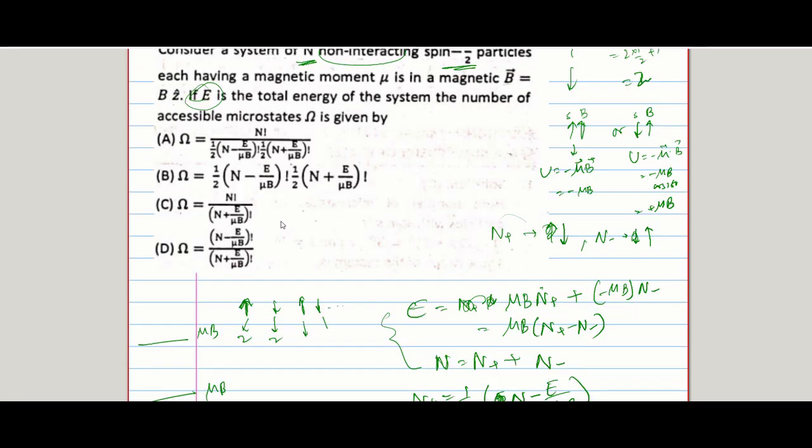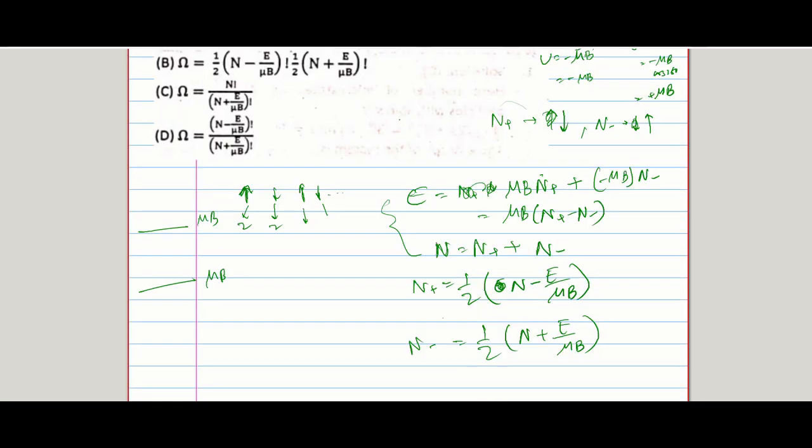So we can say that for here two possibilities, for here two possibilities, so 2 to the power N. But this cannot be used here, because we need to make sure that the total energy is capital E, right?